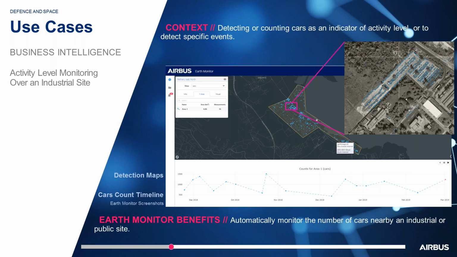And you can see also on the screen the detection map and also a cars count timeline to see the different number of cars across time for this area. We will see just after a short live demonstration of this.